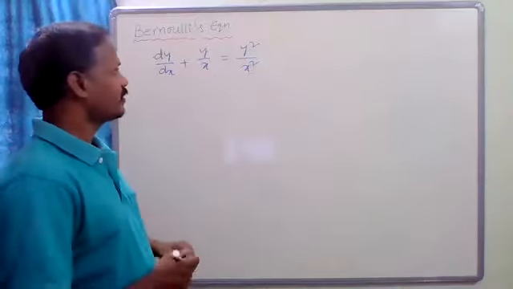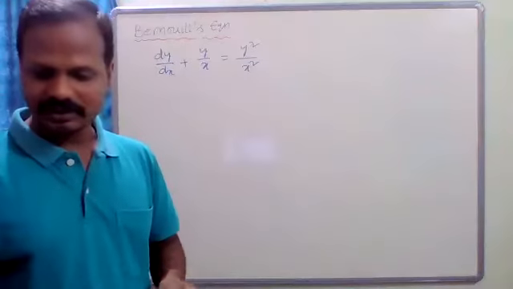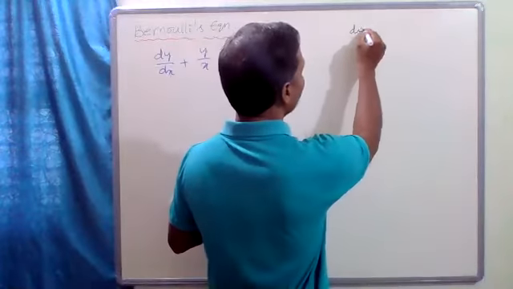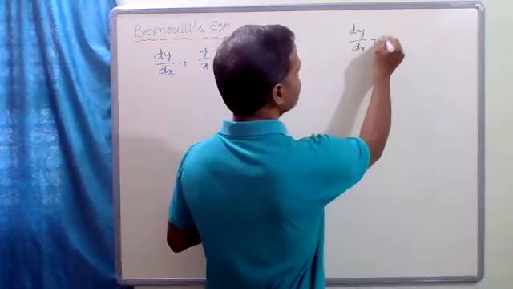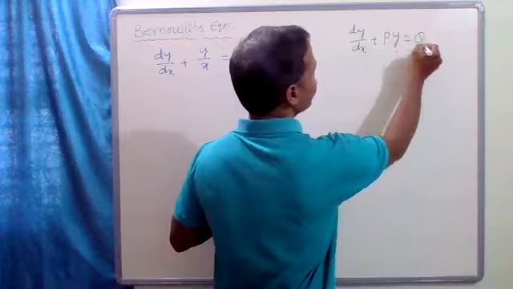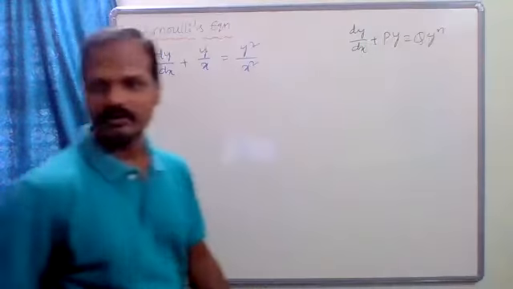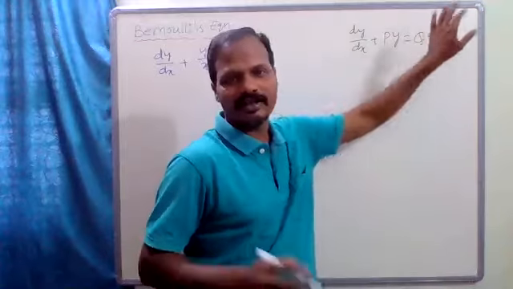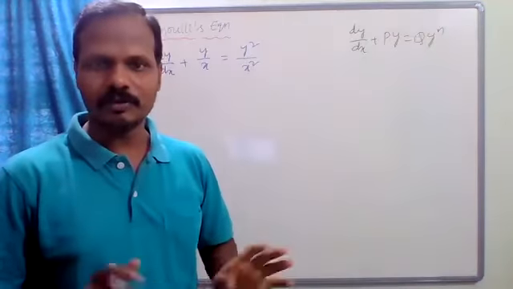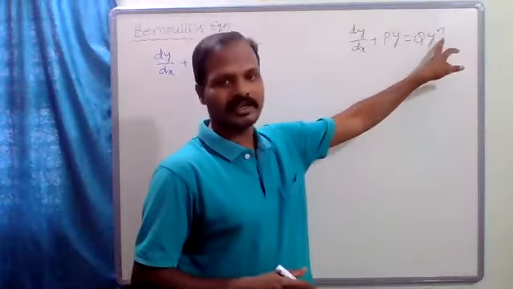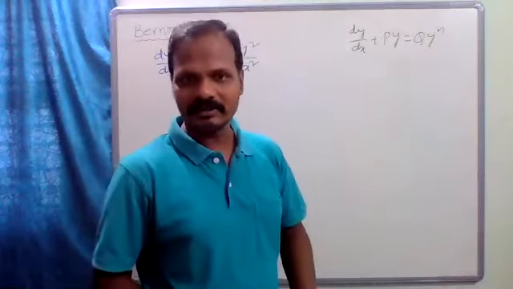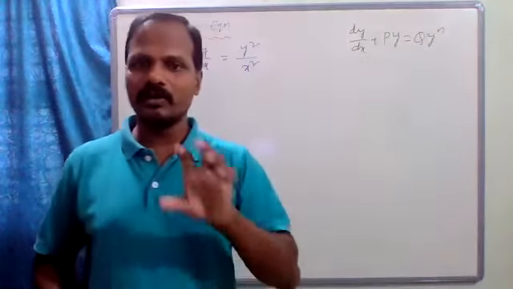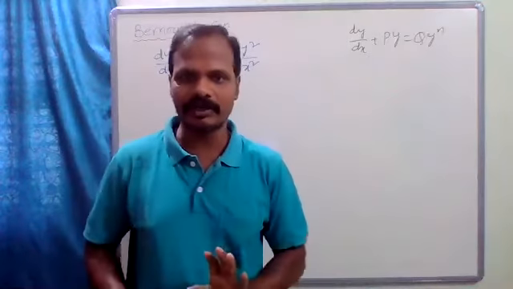Bernoulli's equation is of the form dy by dx plus py equal to q into y power n. If y power n is not there, then it is a linear differential equation. But here y power n is there. In a linear differential equation, the right side should be only terms of x only.